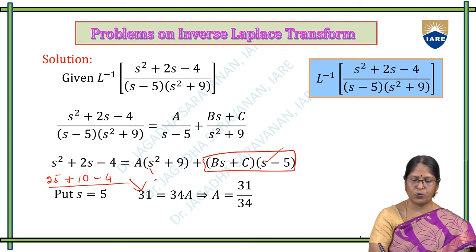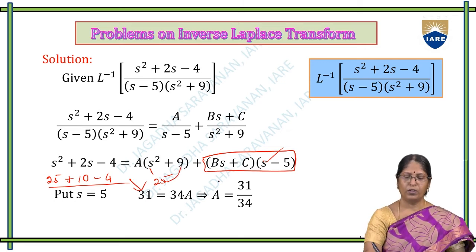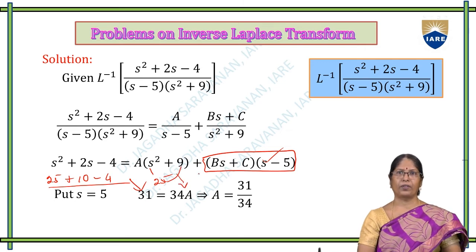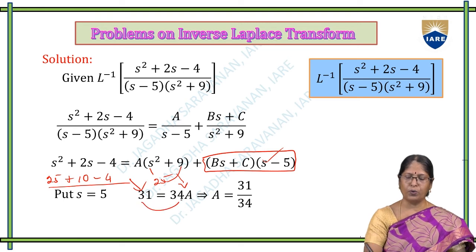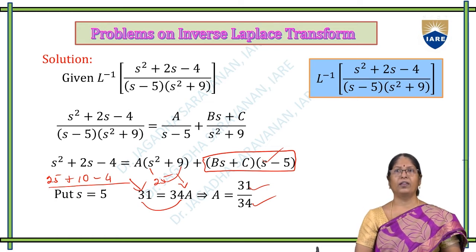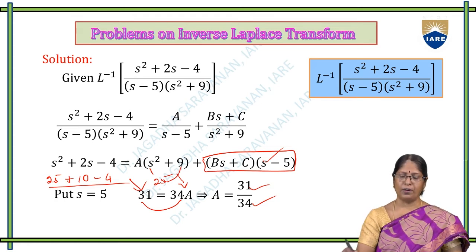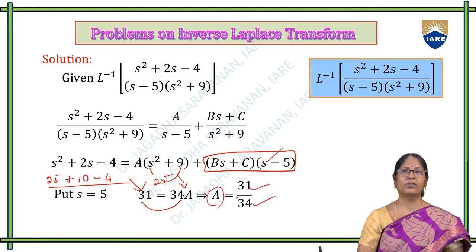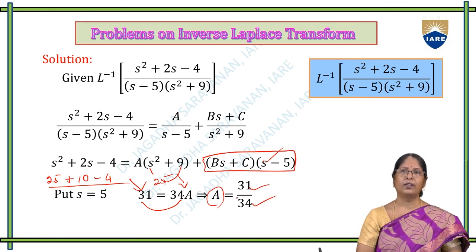Here we are putting 25, so 25 plus 9, 34. So 34A. So A equal to 31 by 34. So taking the value of s as 5, we obtained the constant A value, which is 31 by 34.